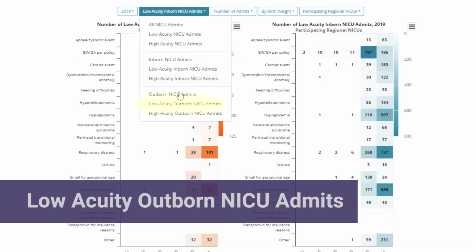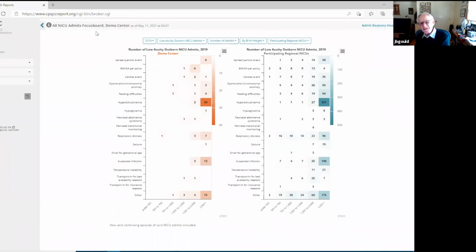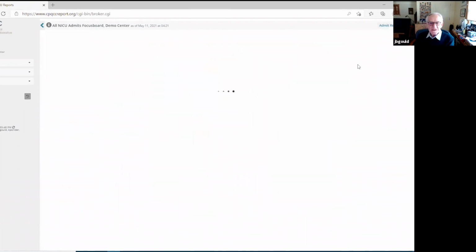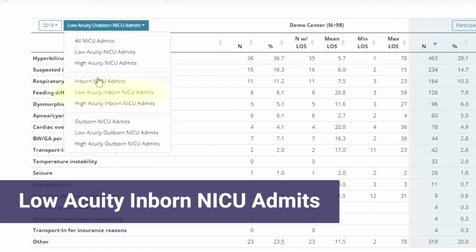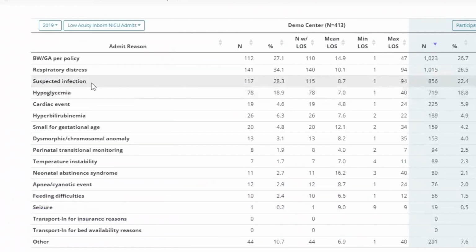If we then set that to outborn low acuity, we can see that the pattern changes, and what's prominent is hyperbilirubinemia. Actually, to do the inborn-outborn comparisons, going back to the last chart where we just had admission reasons, it's easier to do inborn, low acuity, respiratory distress, suspected infection as the top runners.